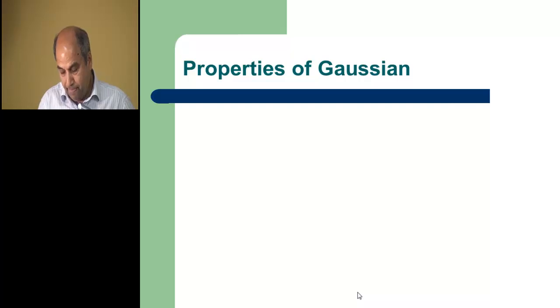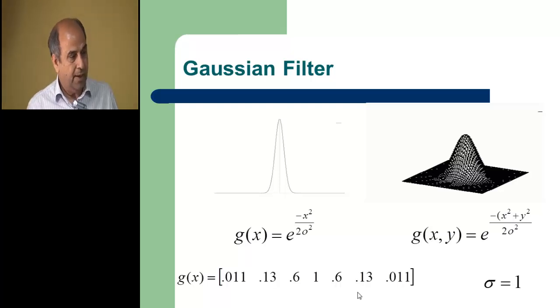So now the interesting thing about Gaussian is, this has different names. Yes, please. What does sigma indicate? Sigma is standard deviation. So whenever you have a distribution, any distribution has a mean and standard deviation. Okay, mean says what is the average.